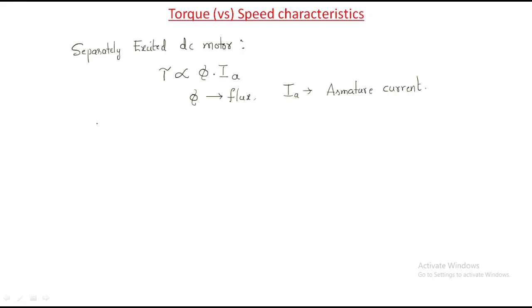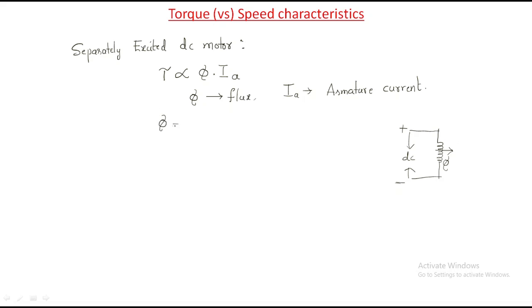But there is no change in flux because we are excited separately. The field DC supply is always given. That means flux is always constant. It is a separate supply and does not depend on the inputs.